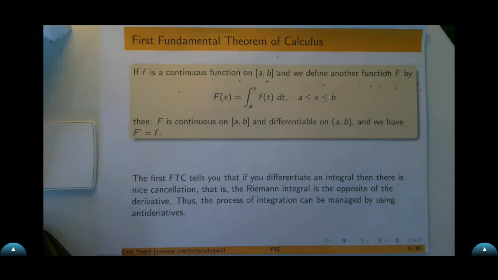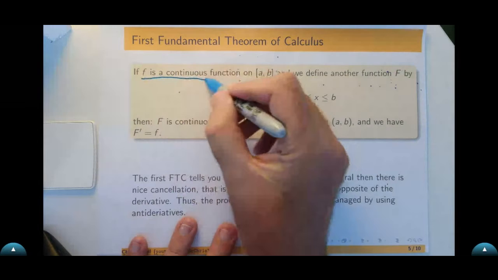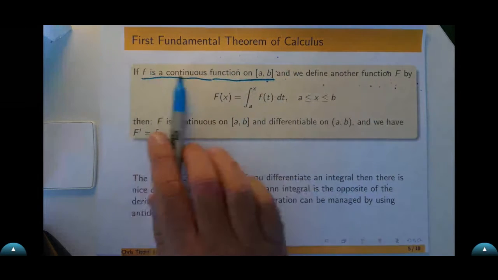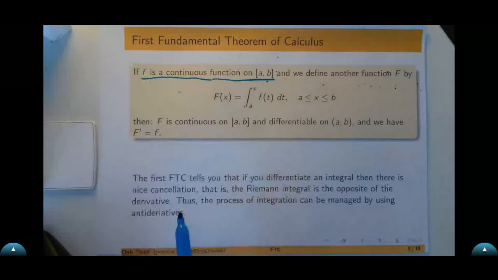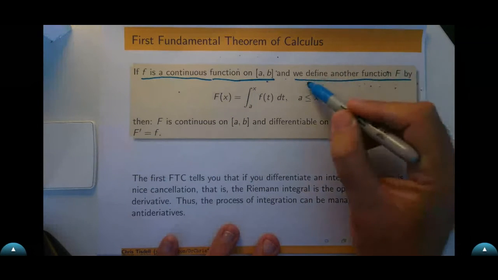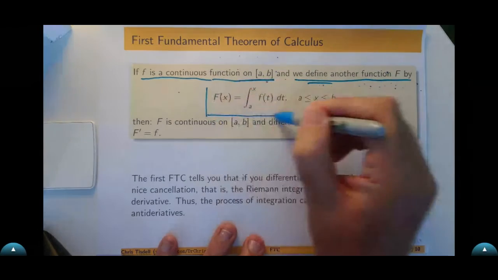All right, so there's a few more assumptions here. We assume that we have a continuous function on this interval, little f, and we define another function by this thing here.